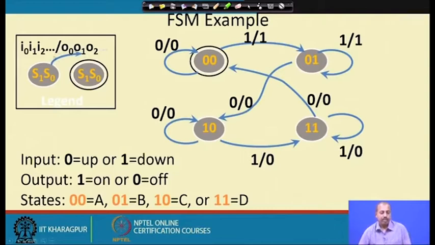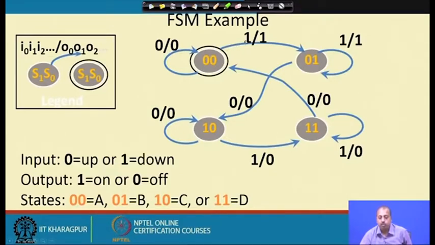Similarly, for the states, instead of showing them by some name, you can also show them by means of the state register content. Here I am writing 00, which means the state register contains 00, and when the state register contains 00, if the input is 0, the output will be 0 and it will remain in state 00.